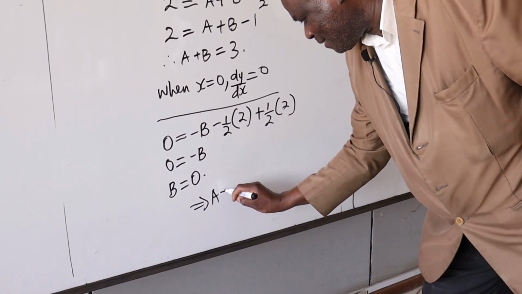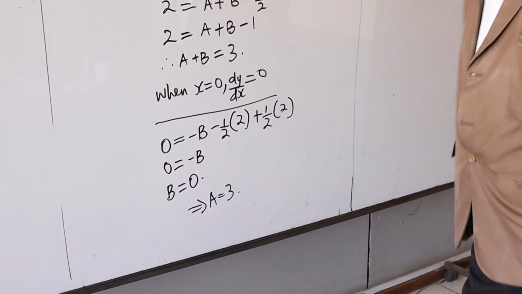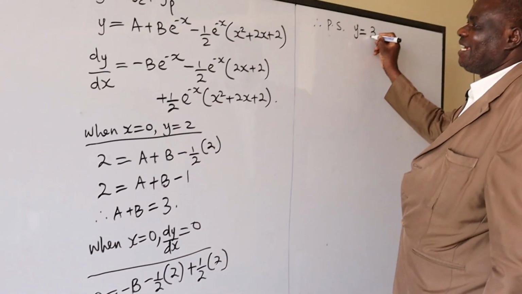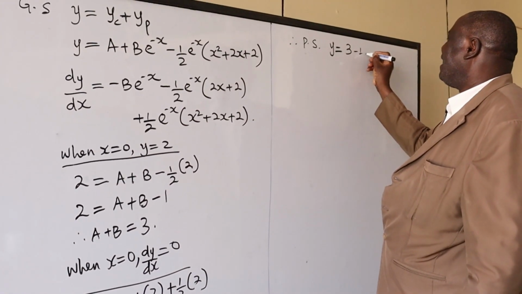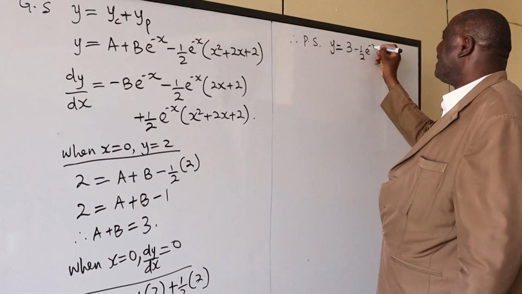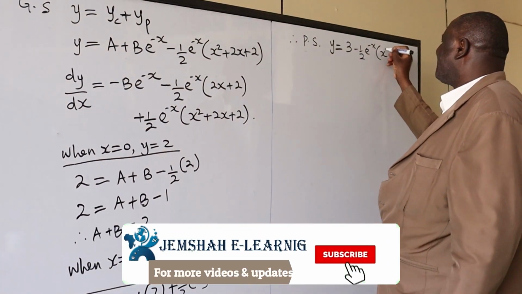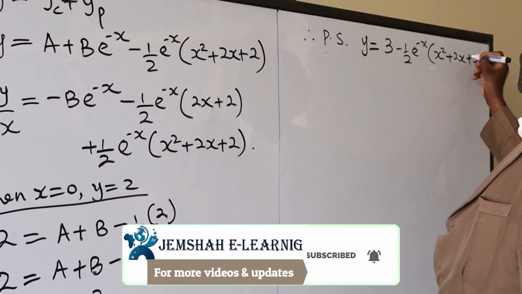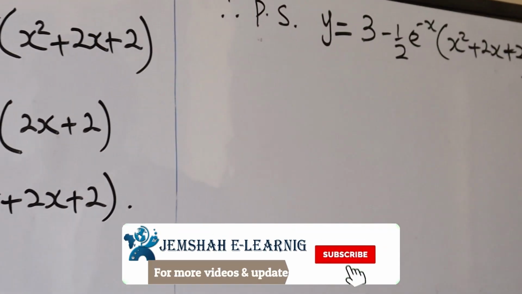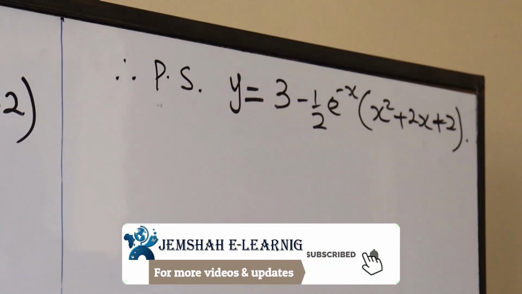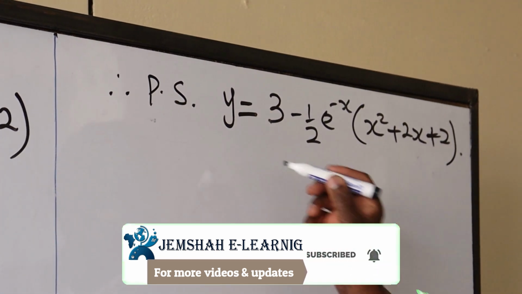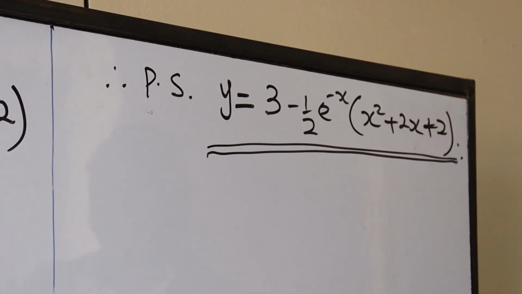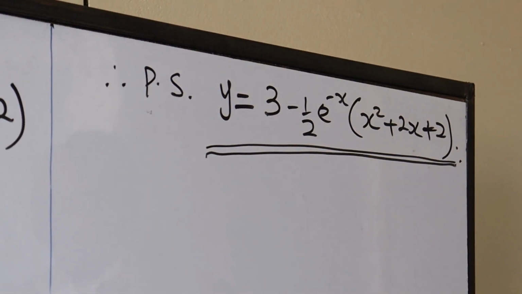So particular solution, y is equal to 3 minus a half exponential negative x into x squared plus 2x plus 2. And that is the solution to that differential equation.